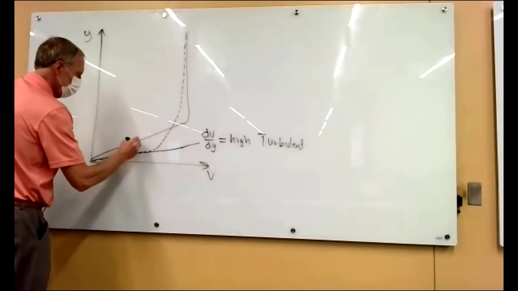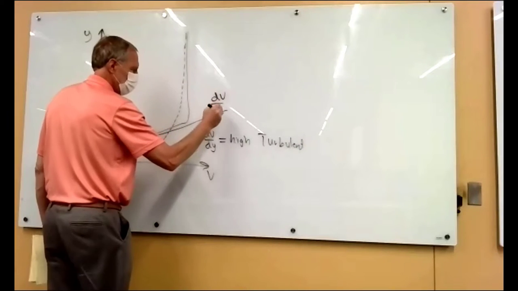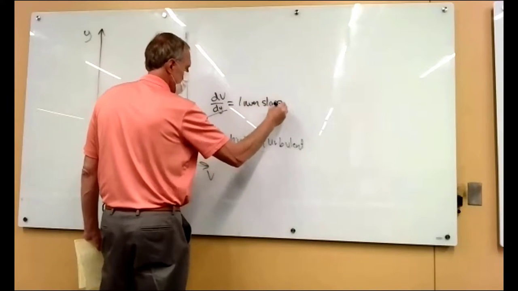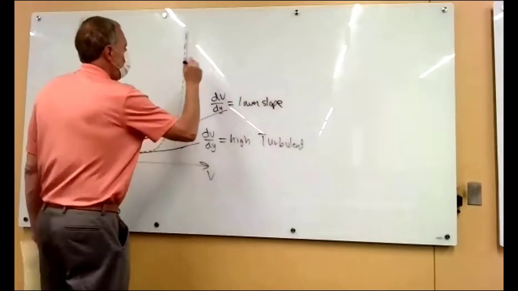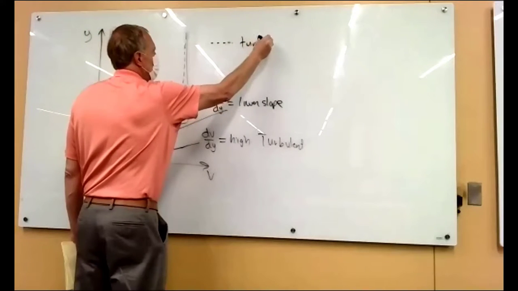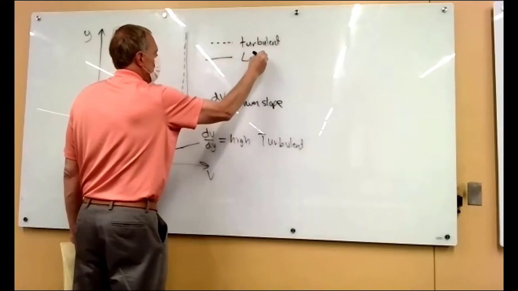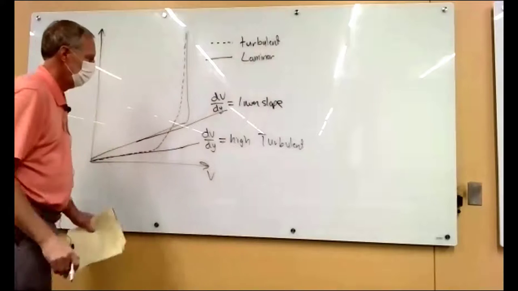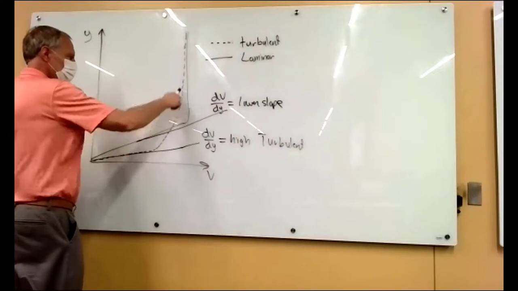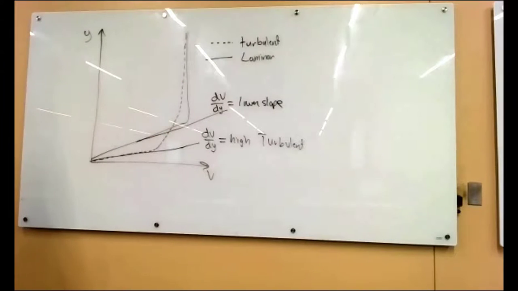And then laminar has a lower slope, dV by dy. And the key here is dotted is turbulent, solid is laminar. And the turbulent boundary layer has a larger thickness compared to the laminar, which is thinner.